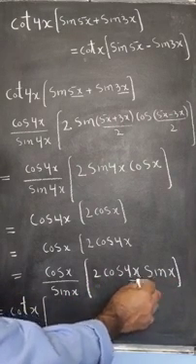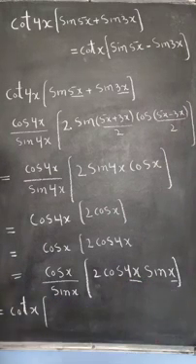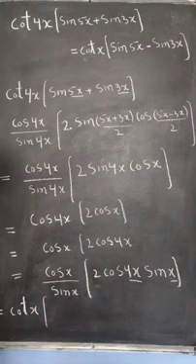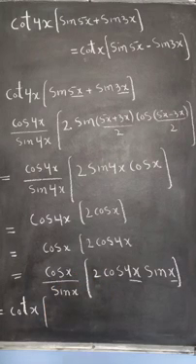If we treat 4x as a and x as b, then we know that twice cos a sin b is sin a plus b minus sin a minus b.